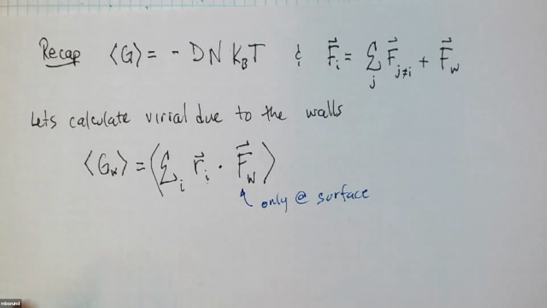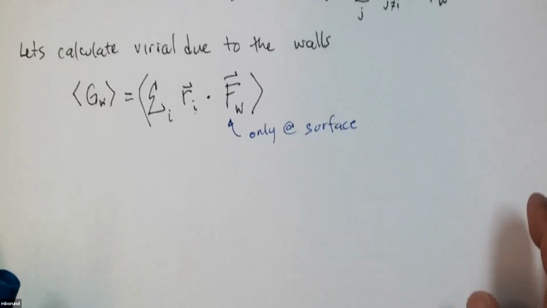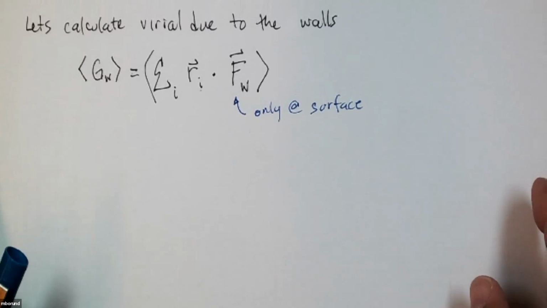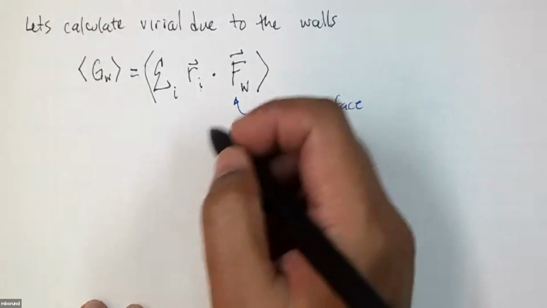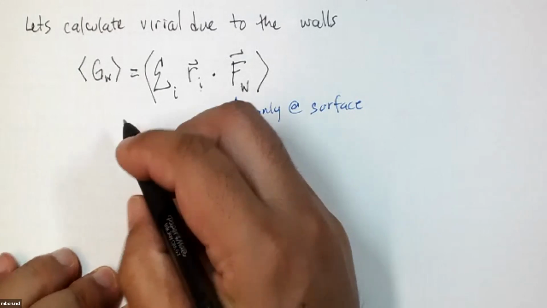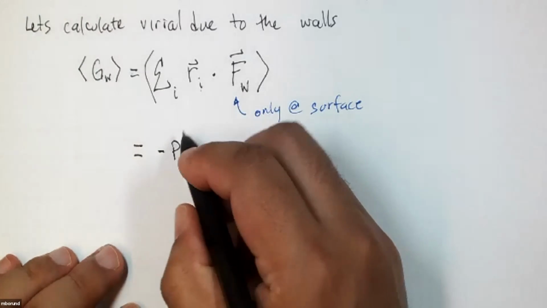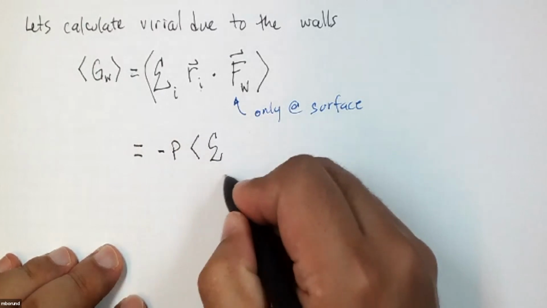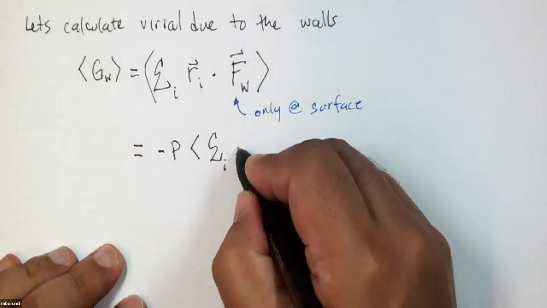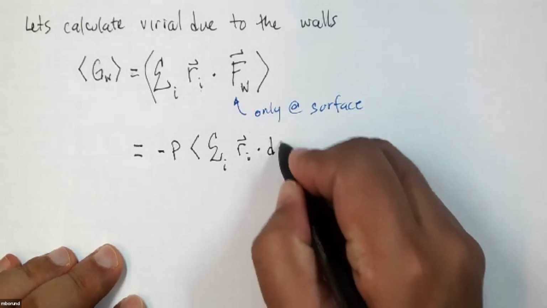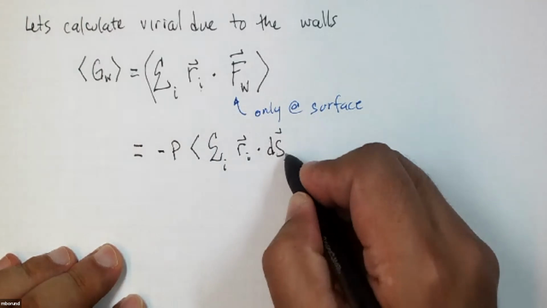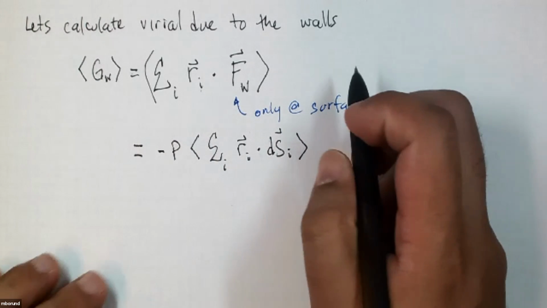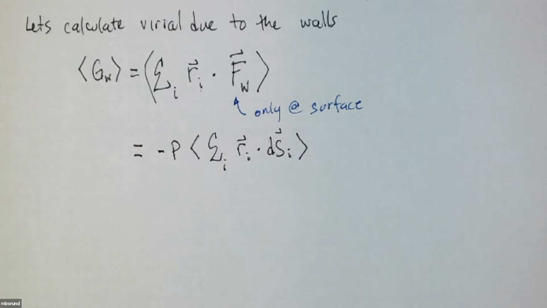Because it's a wall surface. And what we have is that we will get the pressure of the system, summation over all the particles, Ri dotted with dSi.